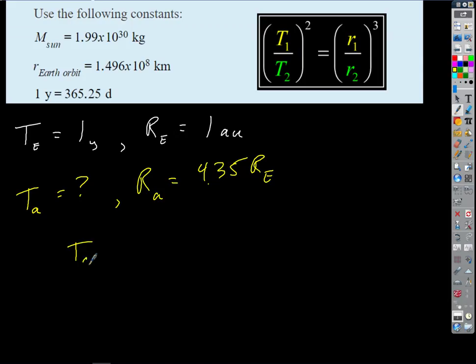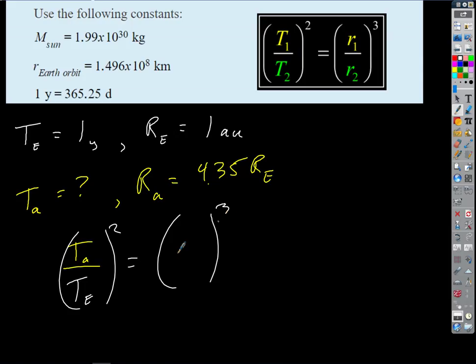So T sub A over T sub E, squared, equals capital R sub A over capital R sub E, cubed. We could use astronomical units here. That happens to be a perfect unit for us, but pretend it wasn't.